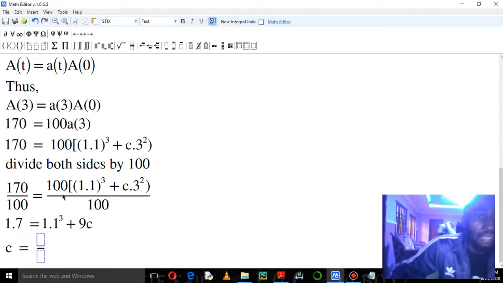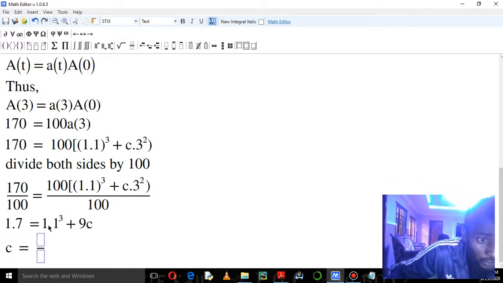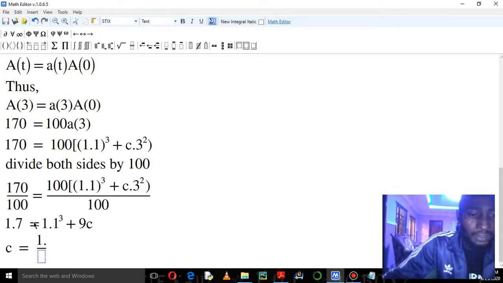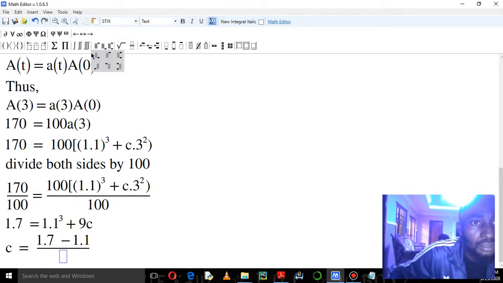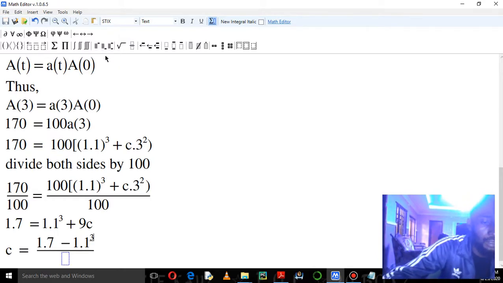So now our c will be equal to, this one will come to the left side, it will turn to minus, so we have 1.7 minus 1.1 raised to power 3 all over.